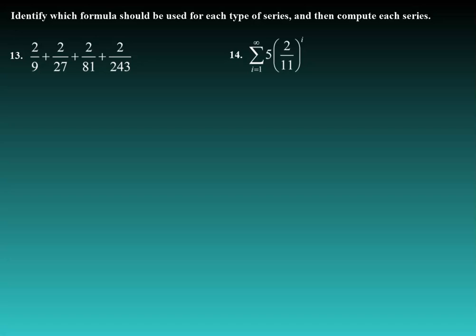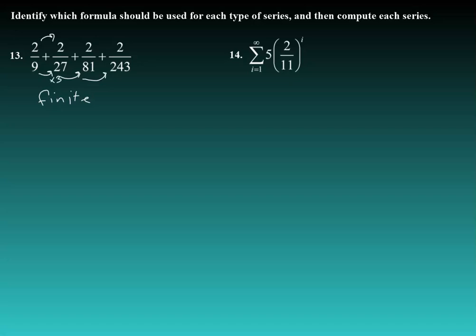13. We have 2/9, 2/27, 2 over 81, 2 over 243. So first of all, the first thing I notice is that it doesn't have the dots at the end, so it's not infinite, it's finite. Second of all, I notice that the bottom is multiplying by 3.